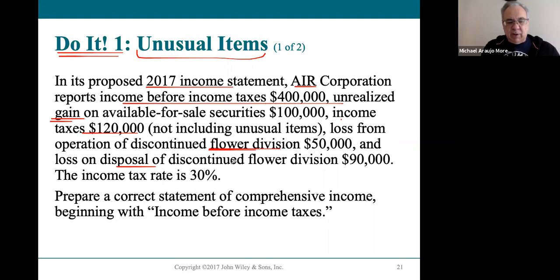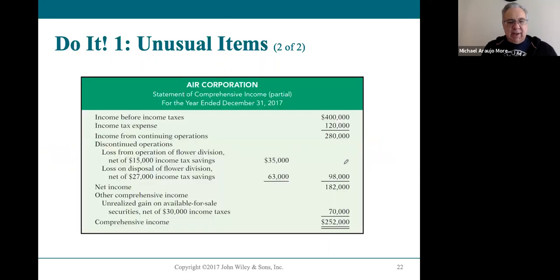Loss on disposal of the flour division, $90,000. Tax rate is 30%. So they want you to prepare a statement of comprehensive income beginning with the income before income taxes. So we start with that 400,000. We take 30% away for the income tax. That gives us $280,000 profit from continuing operations.